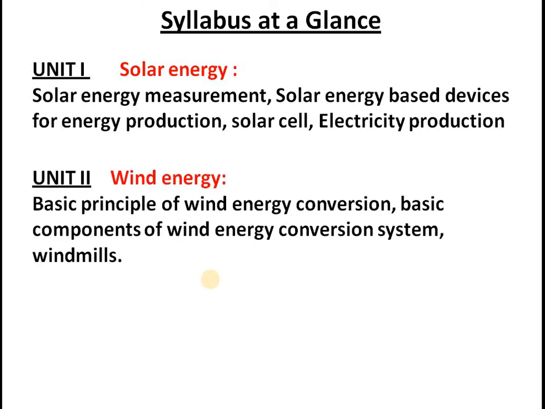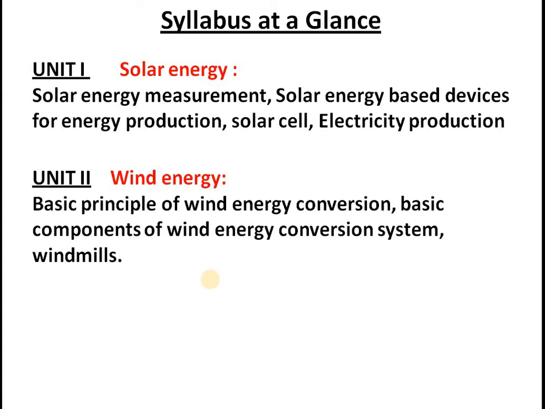In unit 2 you will be dealing with the basic principles of wind energy conversion: how wind energy is converted into other useful forms of energy. Wind energy can be converted into mechanical energy by rotating turbines, blades or fans, and at the same time into electricity or thermal energy.